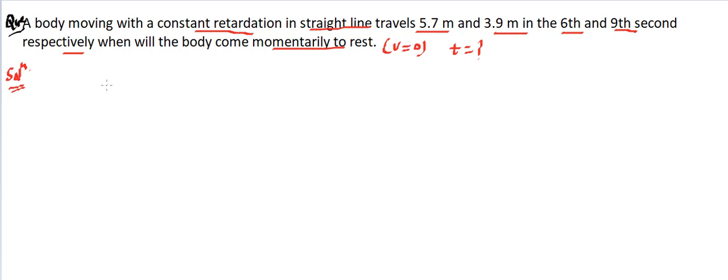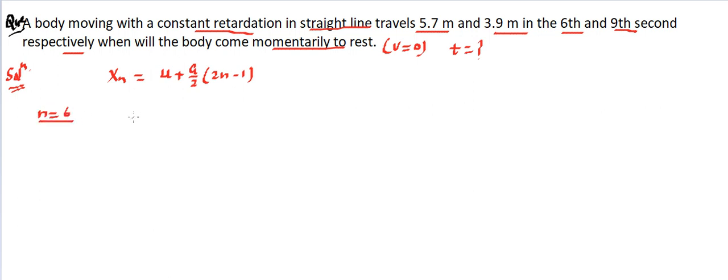So we need to apply the Sn or Xn formula. Xn is equal to u plus a by 2 times (2n minus 1). This has to be applied twice, first for this case, another for this case. For the 6th second, n equals 6.